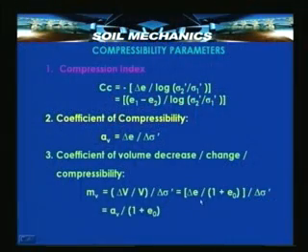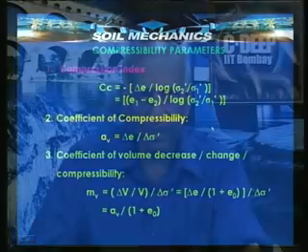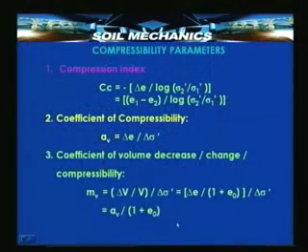In terms of void ratio, this will be Δe divided by 1 plus e0, divided by Δσ'. If we relate it to the coefficient of compressibility, which is also a very important and convenient parameter, then we get that mv is nothing but av divided by the original volume of the sample or soil, which is 1 plus e0.